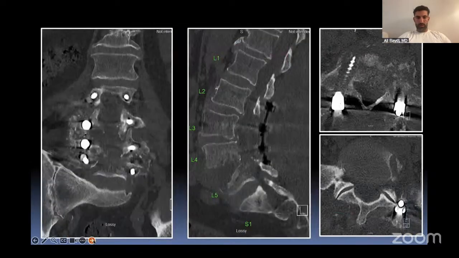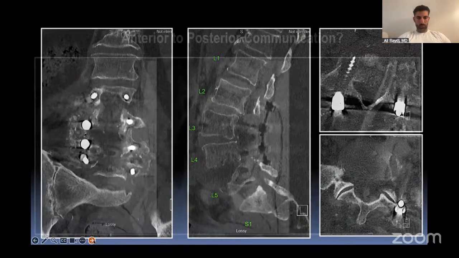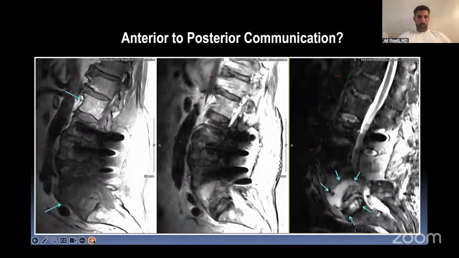And so you could see on the CT scan some clear collapse. And on the MRI, you can see a collection going from L5 all the way up to L1, and it travels posteriorly as well at L4 or L5.